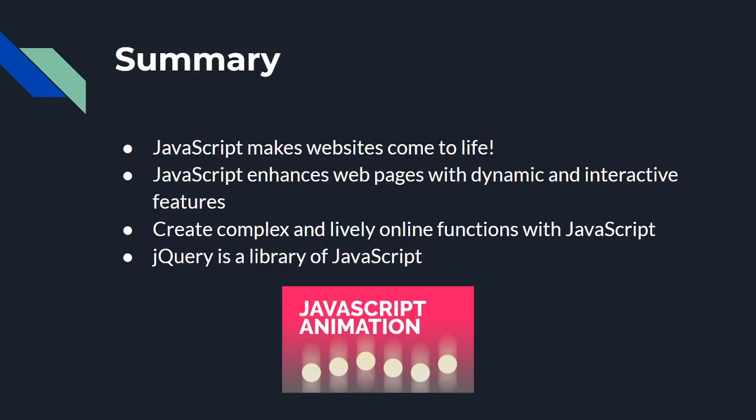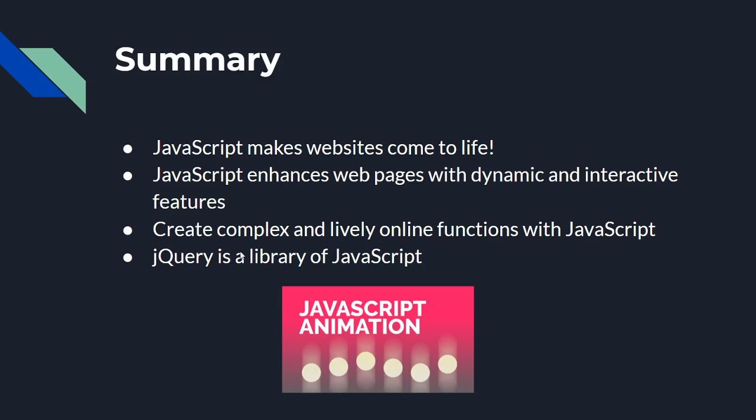As I mentioned, JavaScript is a most powerful web programming language, and it makes websites come to life. How does it do that? It has a number of very fun and interactive features. And as we mentioned, jQuery is an even more powerful version of JavaScript.